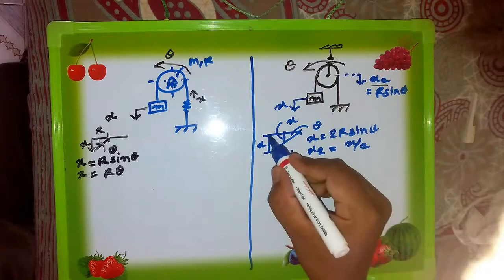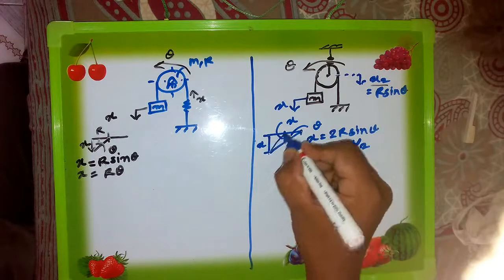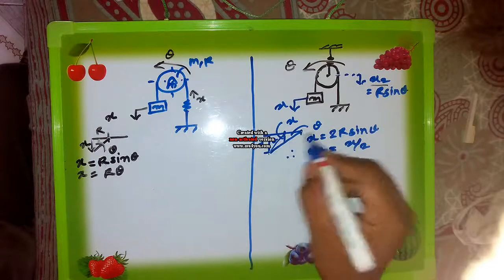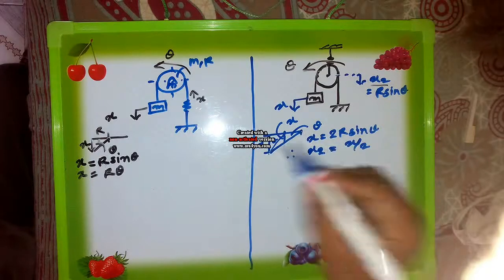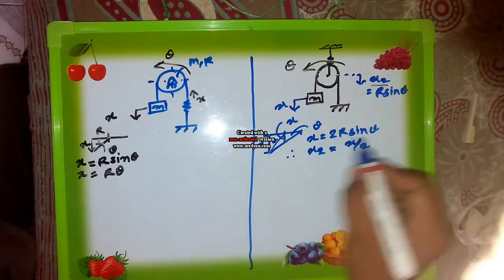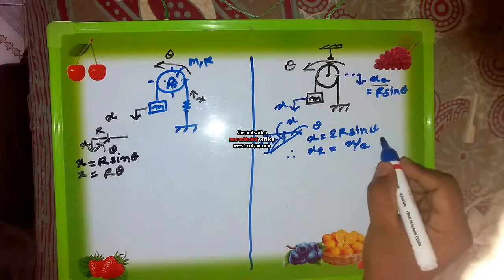So if I displace it by x, then this is the angle. I know this is the actual angle theta, but since the displacement is very small, I can treat this as theta. So from this relation I can write x is equal to 2r sin theta, because this is a total diagonal, so 2r.